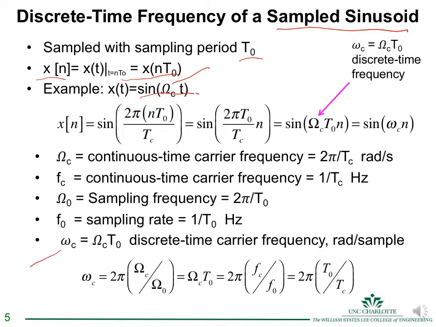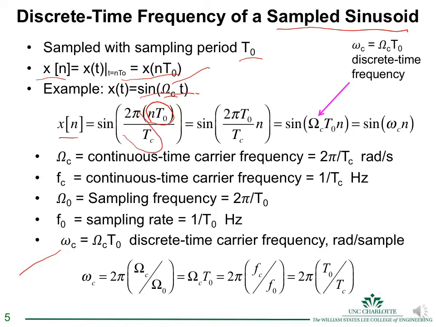And we'll see in a moment that the lowercase omega is for discrete time frequencies. And so we'll follow that convention throughout the course. And so omega c is the carrier frequency of the sinusoid. And so in our x of n, we replace the t by n t0.